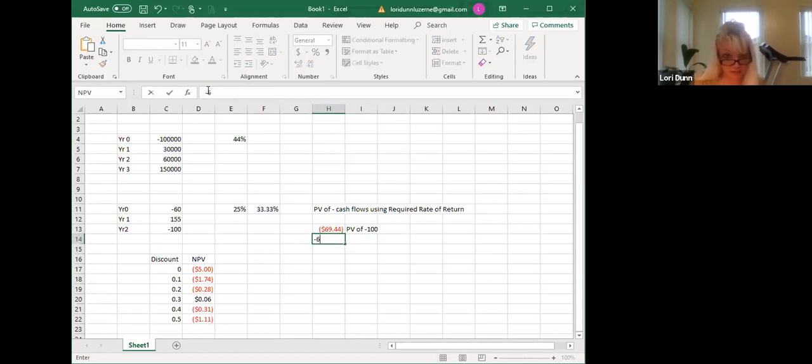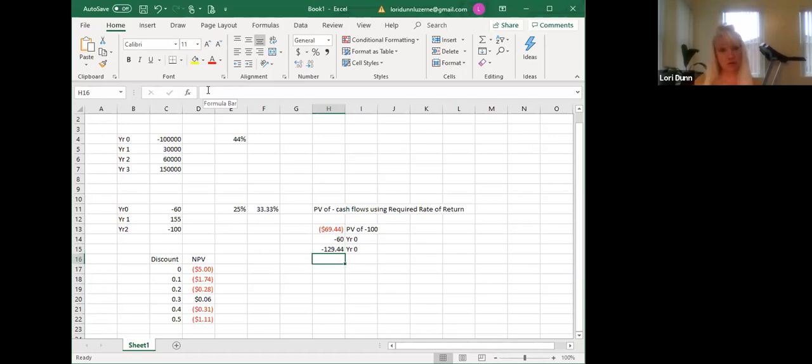We also have at time 0 a negative cash flow of 60. So that's our time 0 or year 0 amount. So we add those two together and it's almost like saying the initial investment is negative 129.44.